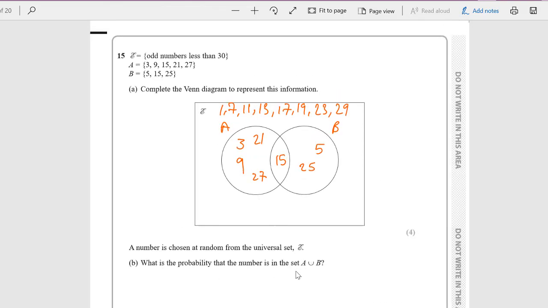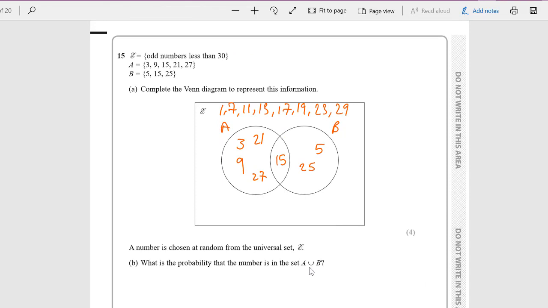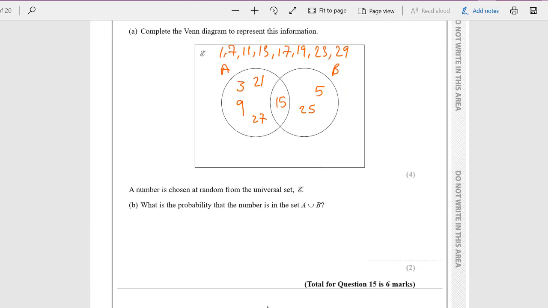A number is chosen at random from the universal set E. What is the probability that the number is in the set A or B? So A union B. So there are 1, 2, 3, 4, 5, 6, 7, and 1, 2, 3, 4, 5, 6, 7, 8. So altogether there are 15 values.